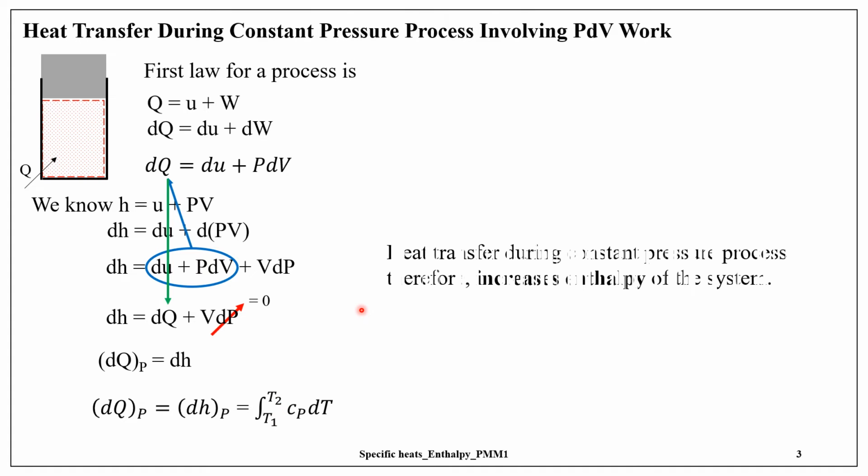Or in other words, what we can say is heat transfer during a constant pressure process increases the enthalpy of the system. Remember, in this constant pressure process, we are considering only PdV work.